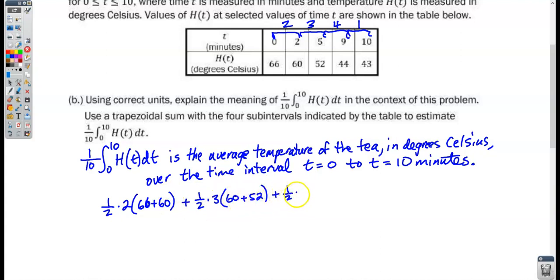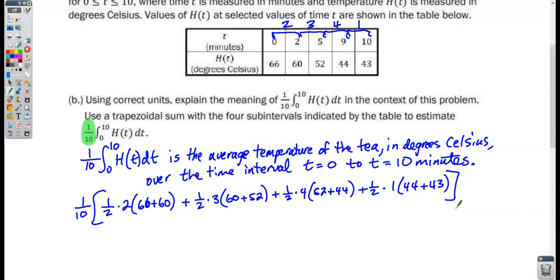And then 1/2 times 4 is my width, times the sum of the bases. And then 1/2 times 1 is my width, times the sum of the bases. And that's my trapezoidal sum that represents the integral from 0 to 10 of h(t) dt. Don't forget to multiply that value by 1/10 in order to get the average temperature.